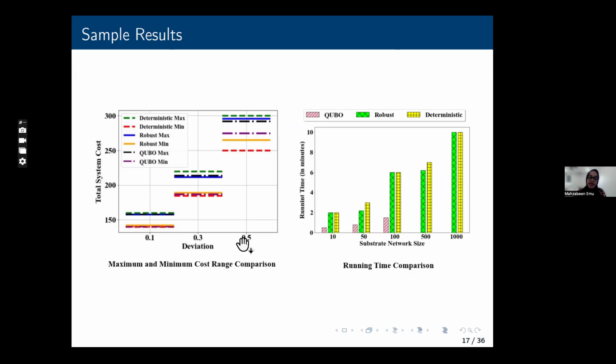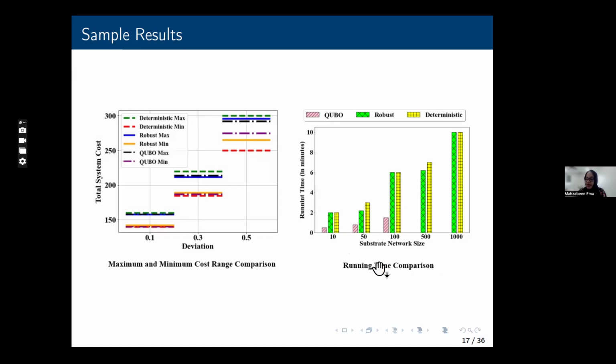Even at the highest peak of uncertainty that we have considered, quantum approaches give a higher minimum and lower maximum cost with a narrow range, which basically means that they are less prone to significant changes in the face of uncertainty, so they are more robust.